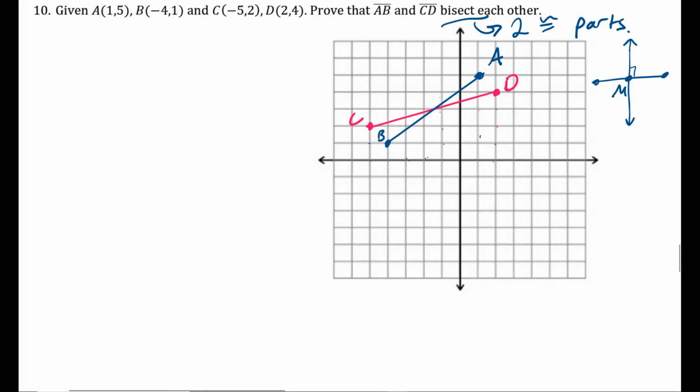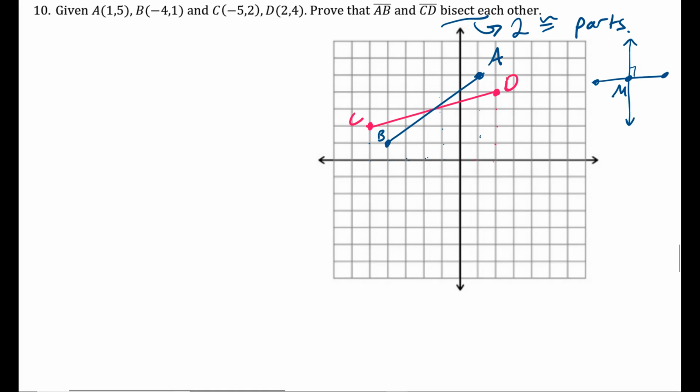So in this case, if we could figure out whatever the midpoint for AB is, and then figure out whatever the midpoint for CD is, if those midpoints are the same coordinate, then it is true that when these 2 segments intersect, that's going to be where they bisect each other.